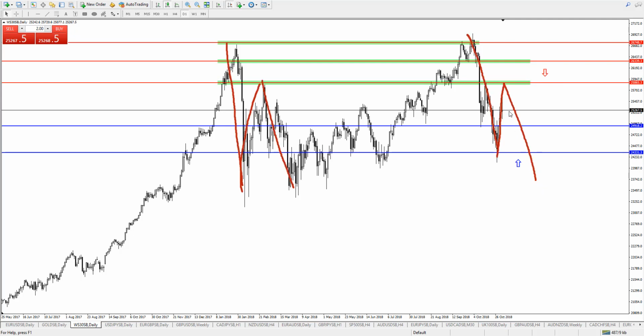Now we already have a price action candle right here. However, I would have liked this to be up here somewhere, because we can look at this and say lower low, lower high, lower low, and lower high. As long as we remain below the 25,800 area, I'm short. I'm definitely short. And even up here where we have, remember, previous support, can you see this right here?